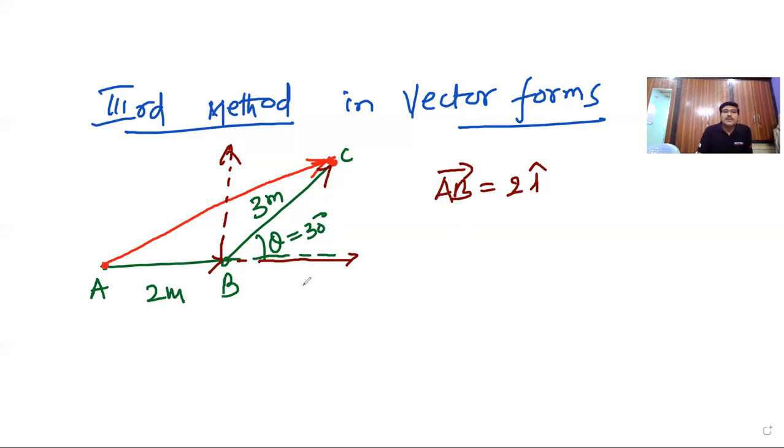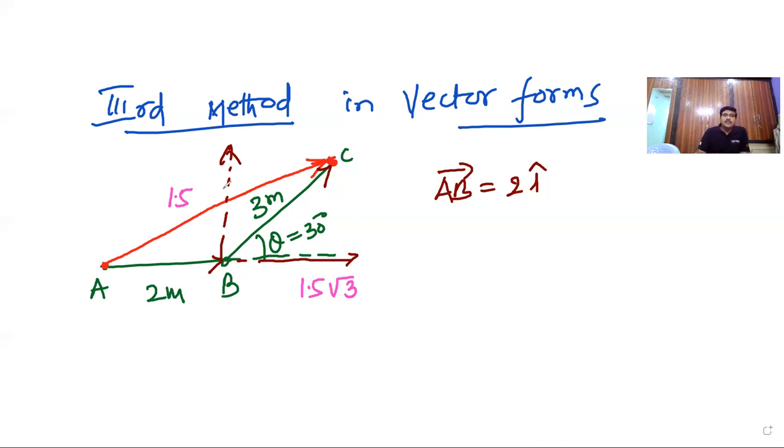Cos 30 is root 3 by 2, so simplifying, it is 1.5 root 3. And this is BC sin 30, which becomes 1.5. The vertical component is 1.5 and the horizontal component is 1.5 root 3. We are splitting BC into a horizontal component and a vertical component.